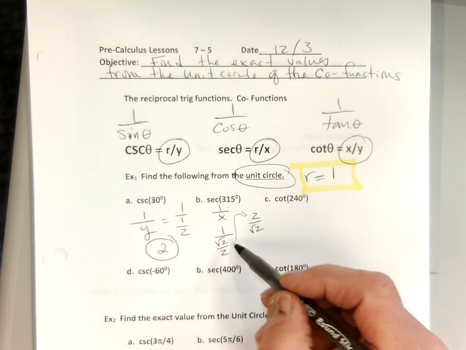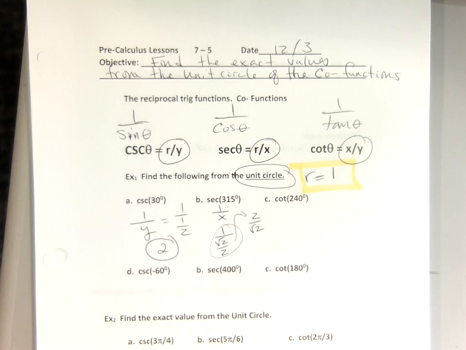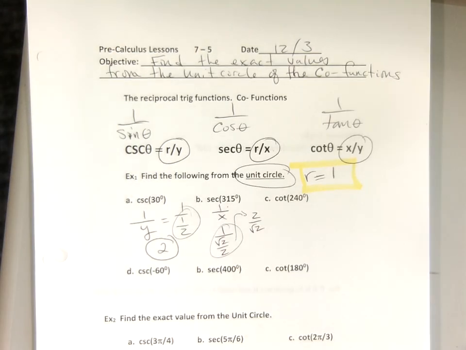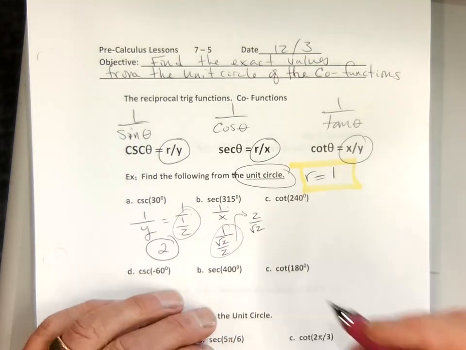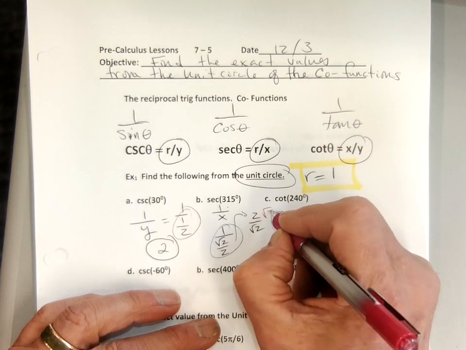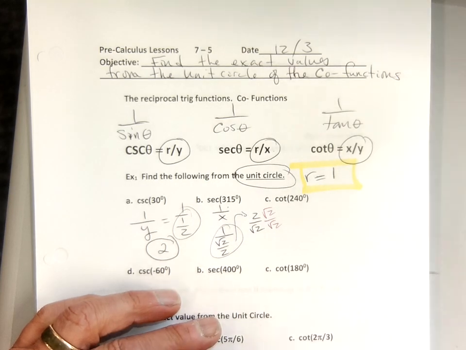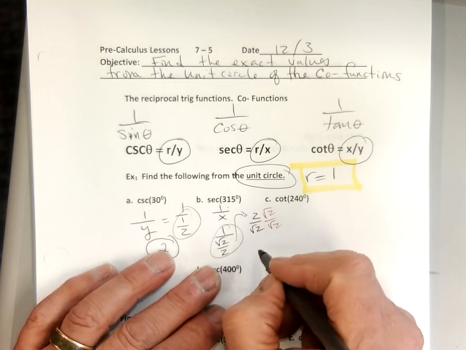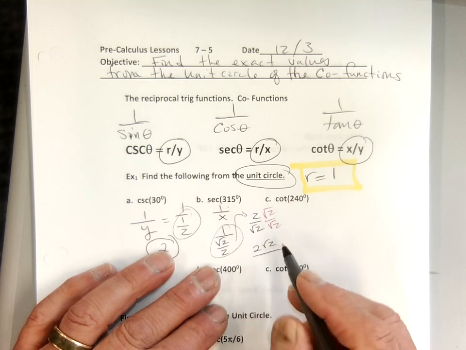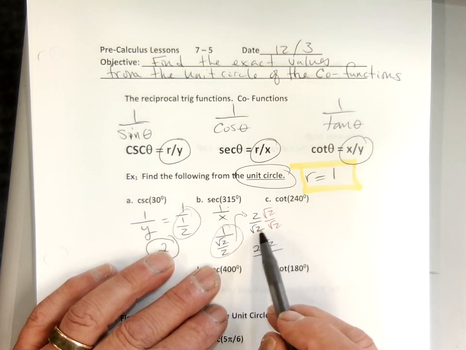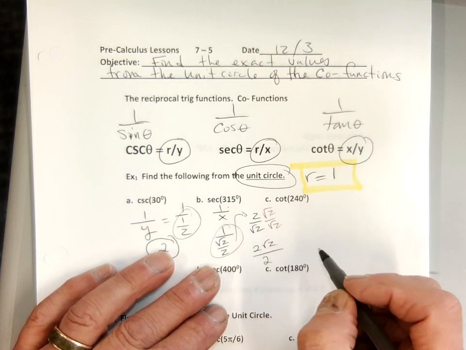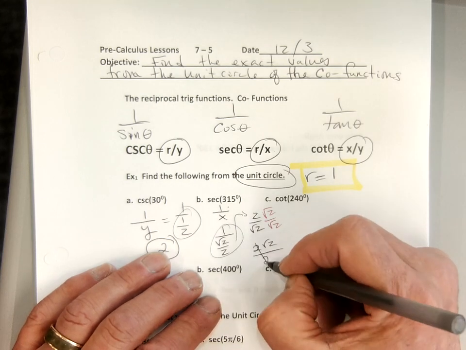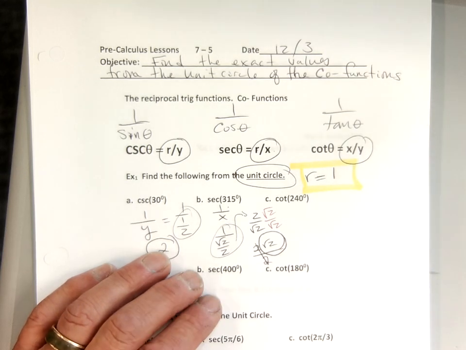I'm just flipping these fractions. But that's not a very good answer, so how are we going to fix this answer? Yeah, rationalize the denominator. Ooh, that was so well said. Square root of 2, square root of 2. Thanks, Lauren. So I'm going to get 2 square roots of 2 over the square root of 4, which is 2. Let's cancel the 2's, and there's my exact answer.